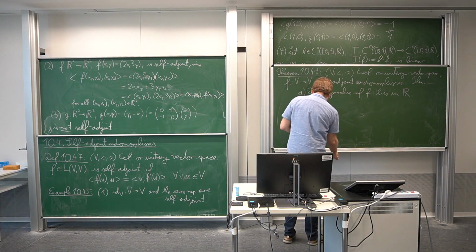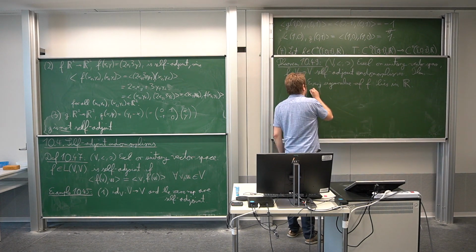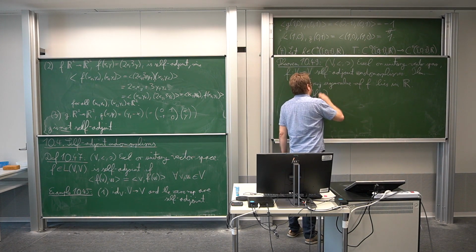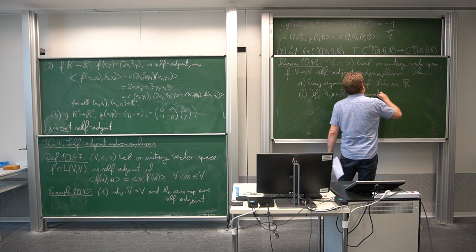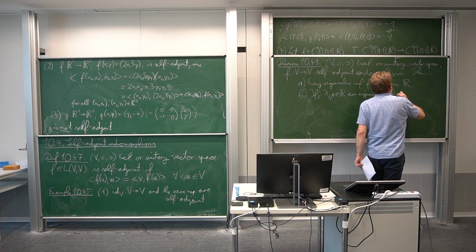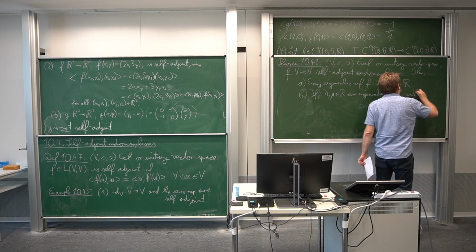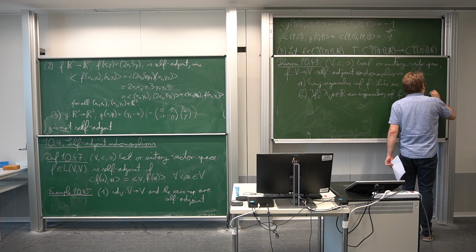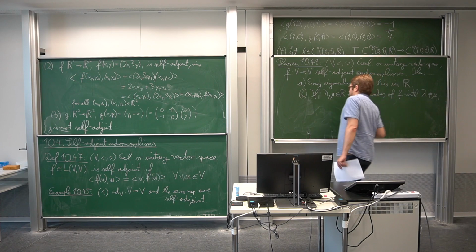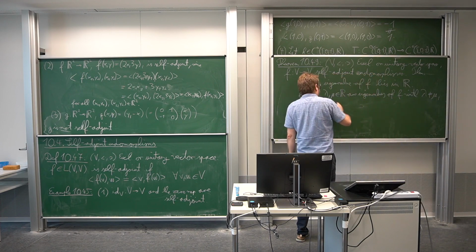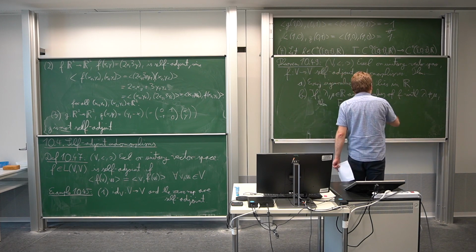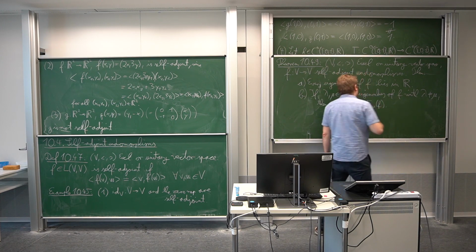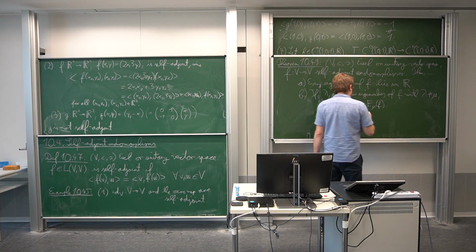Secondly, if we have two distinct eigenvalues, so we know they are real, so if lambda and mu in R are eigenvalues of f, which are different, so lambda not equal to mu, then the corresponding eigenspaces, E_lambda of f and E_mu of f, these linear subspaces are orthogonal.